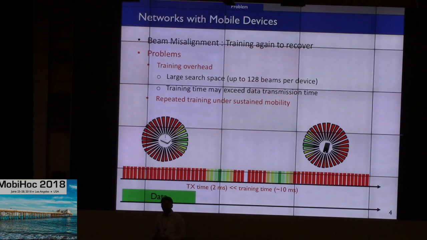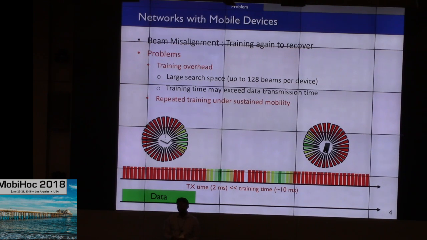Now, the key challenge here is that there is an overhead associated with this whole beamforming training process, because the search space of this beam search can be very high because of the very highly directional nature of things. So, for example, each individual device can have up to 128 beams. So 128 beams on both sides means a very large search space that we need to search over.